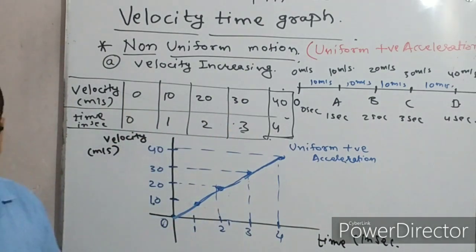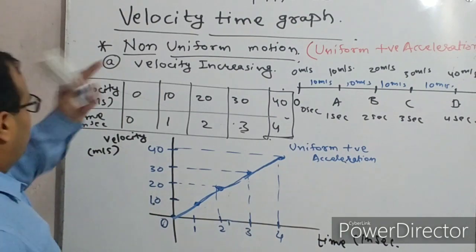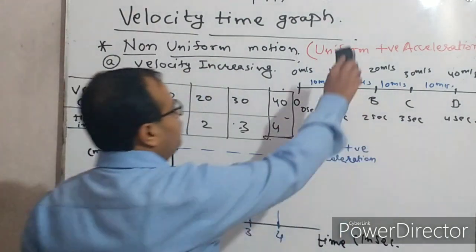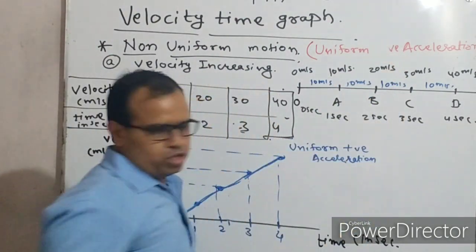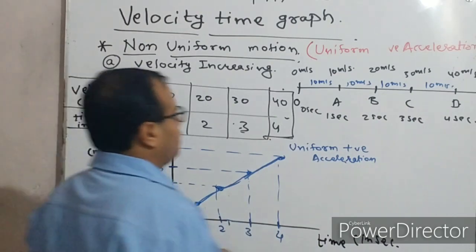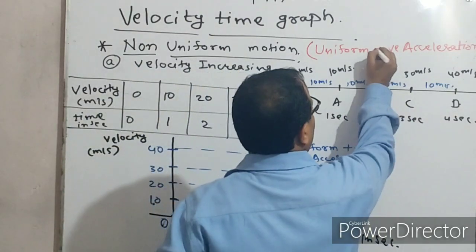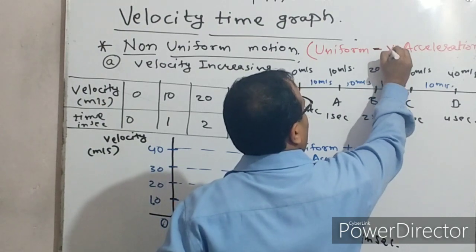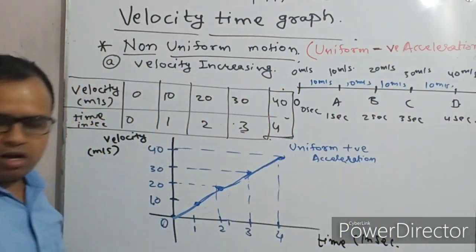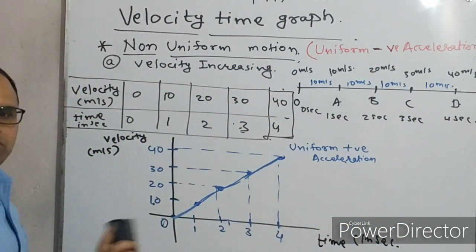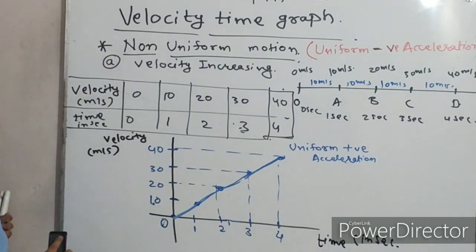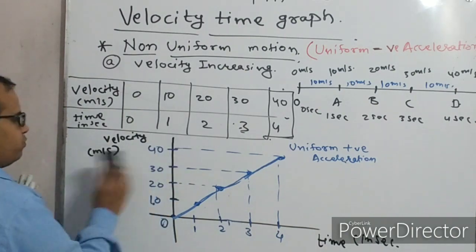Now in this only, if we discuss non-uniform motion, if it is uniform negative acceleration, I am explaining it in this case only. If it is uniform negative acceleration, try to understand what is happening: the velocity is uniformly decreasing with time. So what we will do now is plot it.